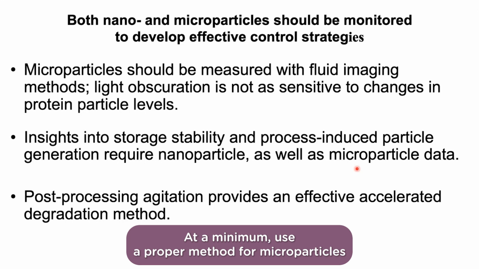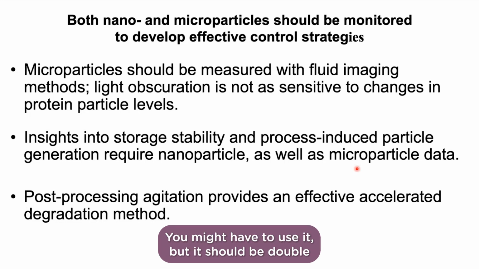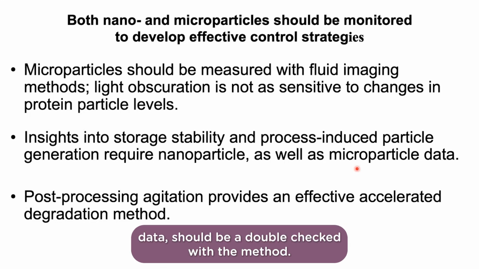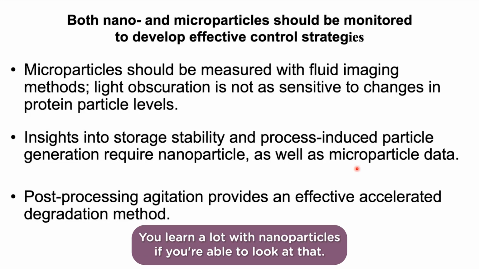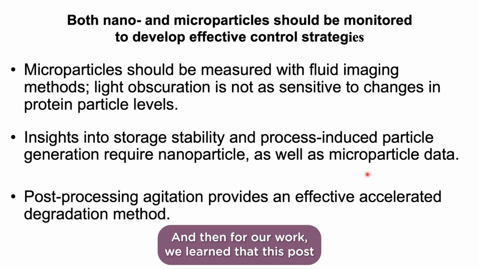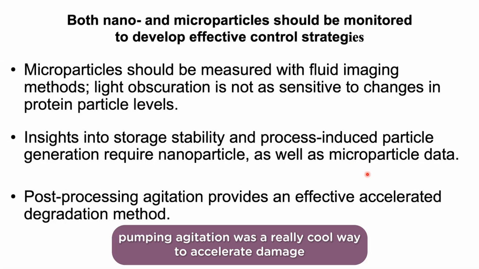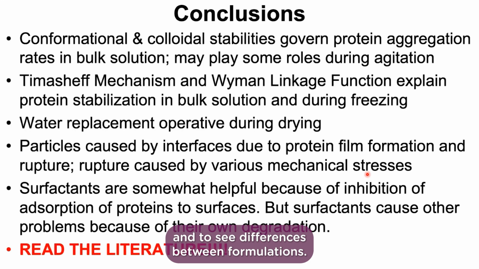At a minimum, use a proper method for microparticles. And light obscuration, you might have to use it, but the data should be double checked with a method that actually works for protein particles. You learn a lot with nanoparticles if you're able to look at that, definitely during process development. And then for our work, we learned that this post-pumping agitation was a really cool way to accelerate damage and to see differences between formulations.